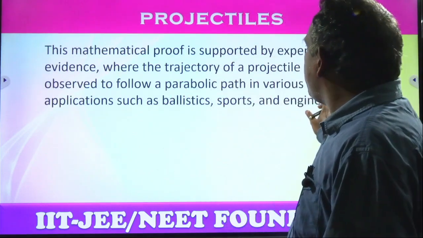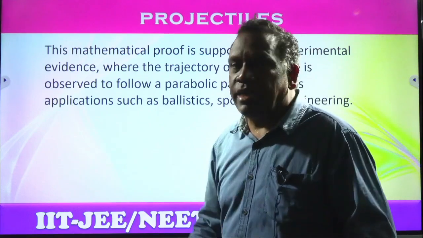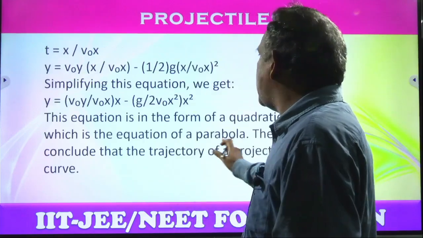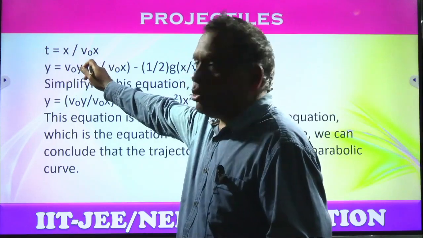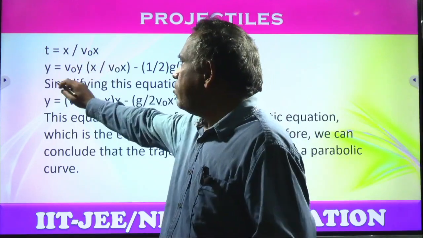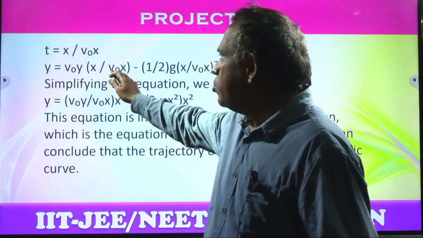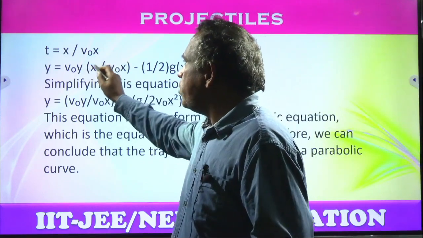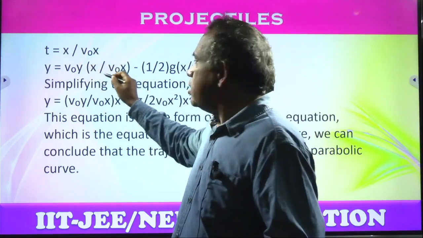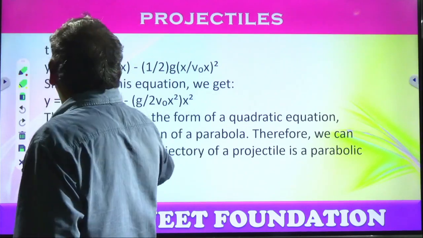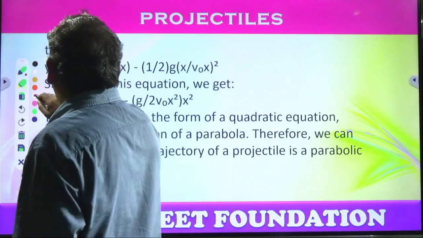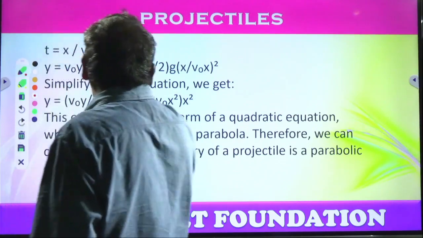The mathematical proof is backed by experimental evidence for the trajectory of a projectile. Here t is equal to x by u cos theta, that is x by v naught x. This is the t value we are getting, and you are supposed to take that t value here.